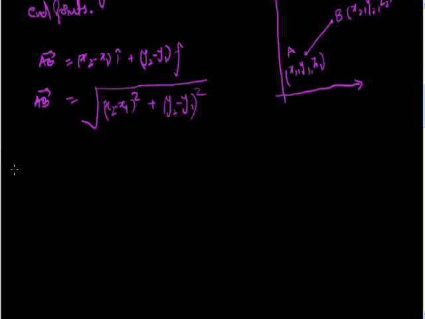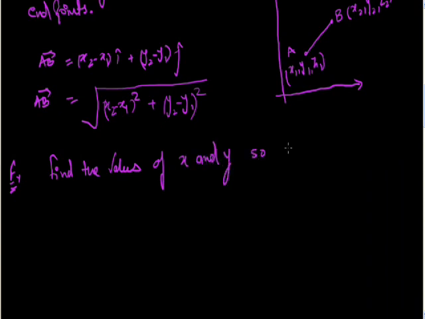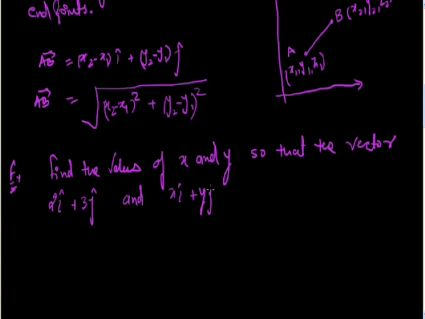Now let's take an example: find the values of x and y so that the vectors 2i cap plus 3j cap and x i cap plus y j cap are equal.